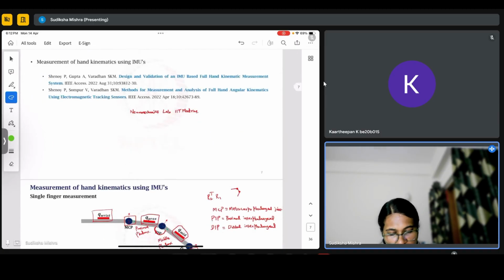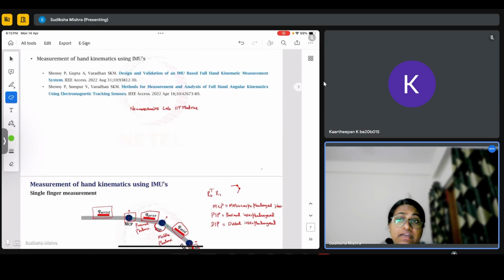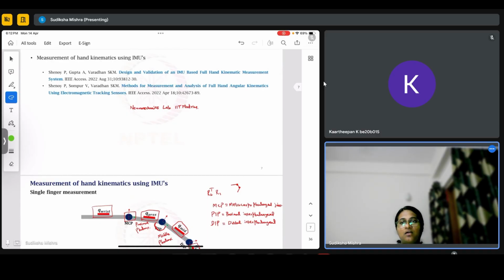Now let's look at that. In one of the previous classes, we saw different methods of measuring hand kinematics. There was the data glove, there were electromagnetic sensors, and there was also the inertial measurement unit, or IMU.